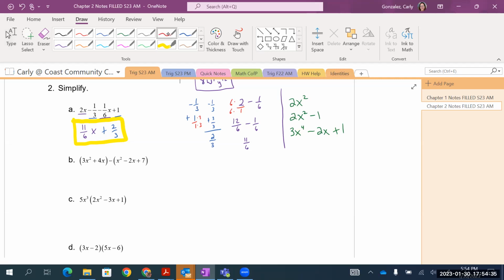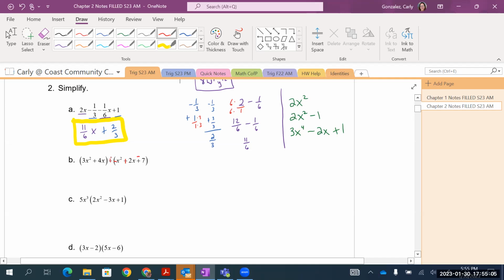Now, one strategy to handle subtracting a polynomial is to just simply distribute that negative to all of the terms following that subtraction. So the shortcut could be to simply change the sign of everyone in the parentheses. So it will become a negative x squared, a positive 2x, and a negative 7, and now I add them.